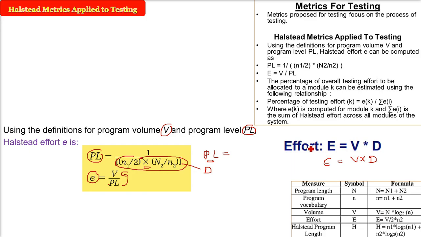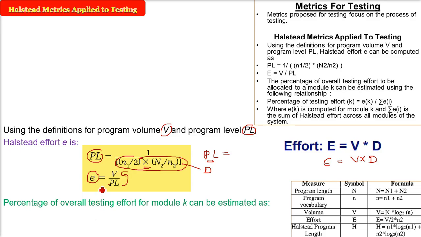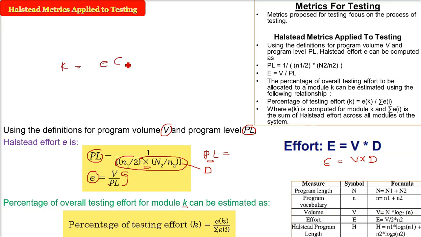Now this can be used to find out the effort, and this can be done for the whole software in terms of testing. How much effort you are going to put in. So the percentage of overall testing effort for a certain module k, with the Halstead metrics, can be computed like this. This is the percentage of testing effort, and this is given by Ek divided by summation of Ei.